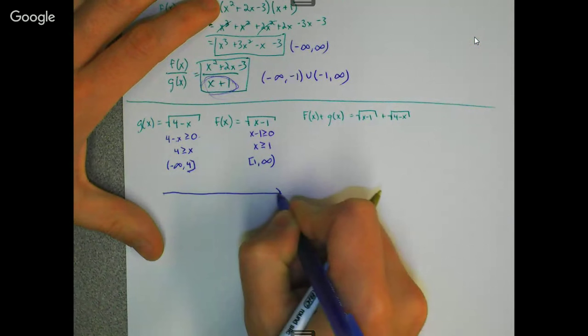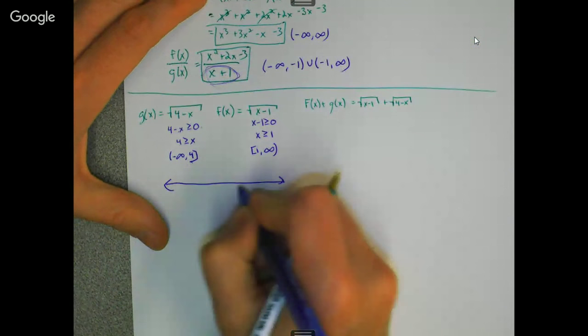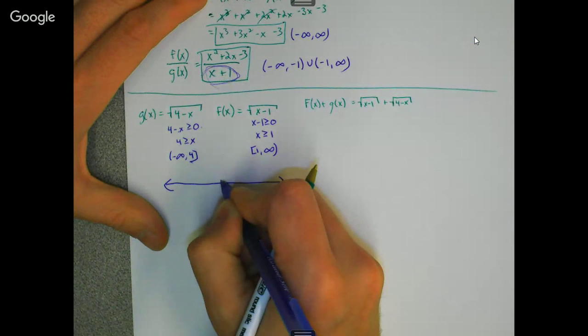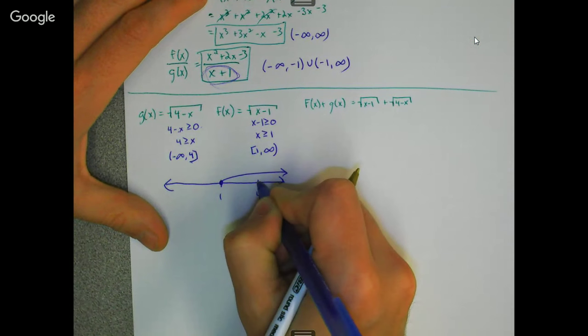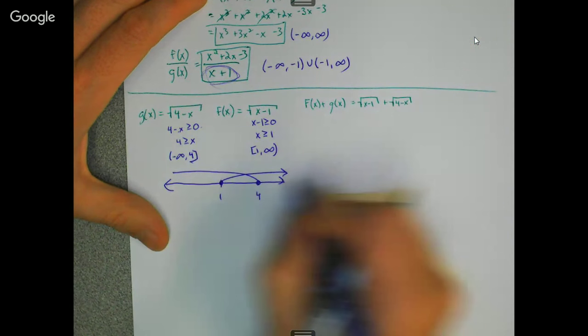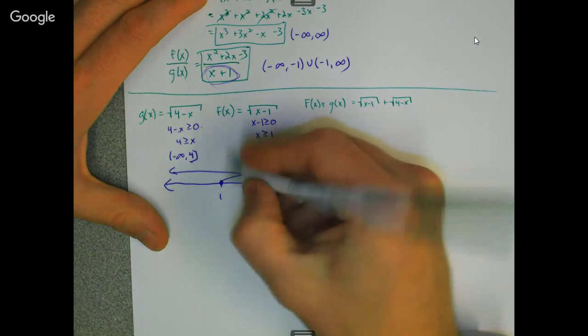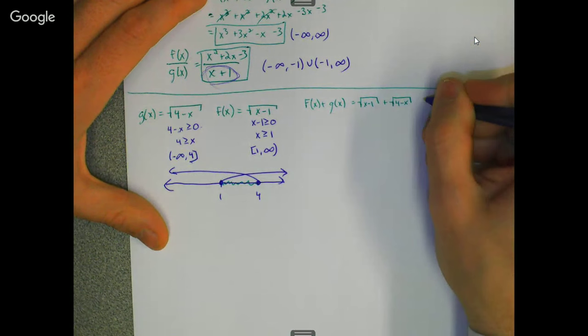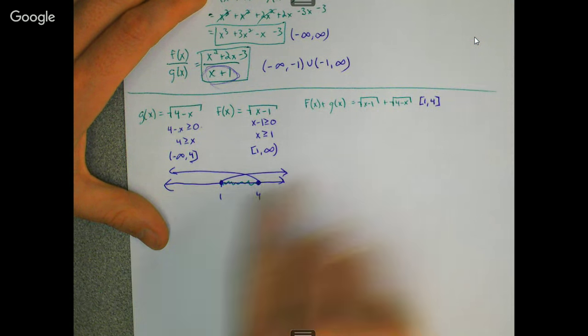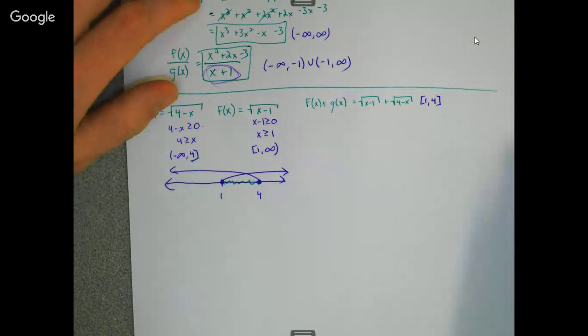So if I graph these out here, I'm at 1 to infinity, and I'm at 4 to negative infinity. Those two intersect or overlap right in there. So the domain of this one would be 1 to 4. Okay, that's where the two lines overlap.